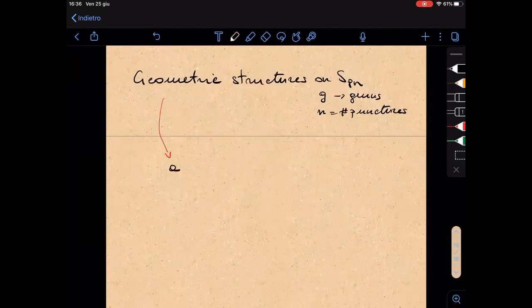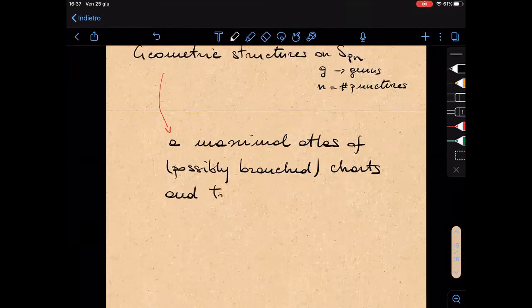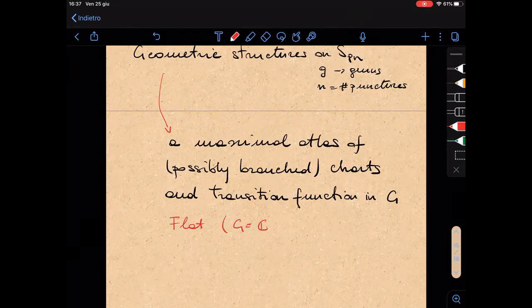Recall, this is a maximal atlas of possibly branched charts and transition functions in G, where G, in our case for flat, could be C, S1 semi-direct C, or C star semi-direct C.